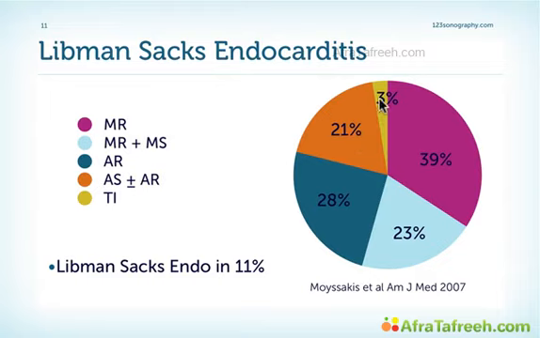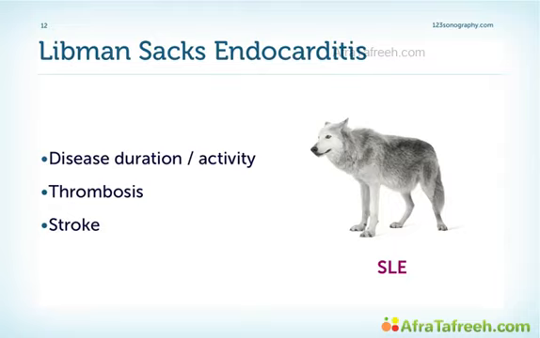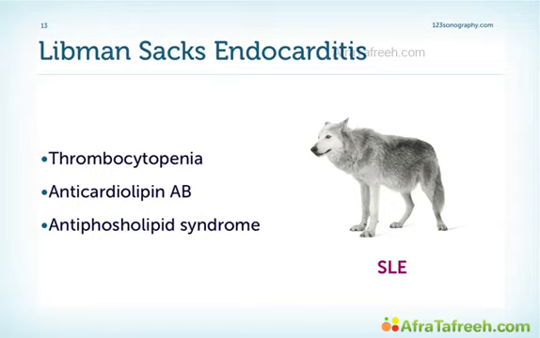The tricuspid valve, at least in this study, was only affected in 3% of cases. The presence of Lippmann-Sachs endocarditis is associated with disease duration and the activity in patients with SLE, with thrombosis, stroke, thrombocytopenia, anticardiolipin antibodies, and the antiphospholipid syndrome.